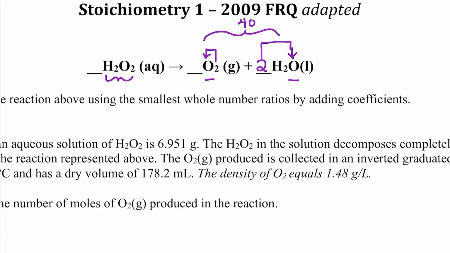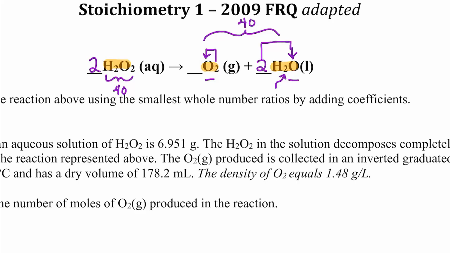And to get 4 oxygens on the reactant side, I would need to put a coefficient of 2. We call these coefficients, and these are the ratios of the entire molecule here. The numbers in front tell us how many of those molecules, and of course the subscripts are part of the ratio of atoms within that particle. So it's important we get that.